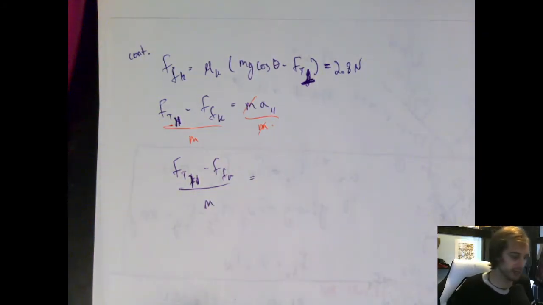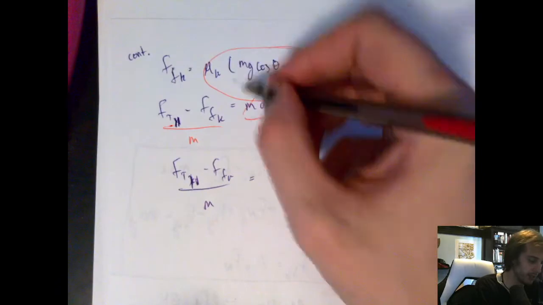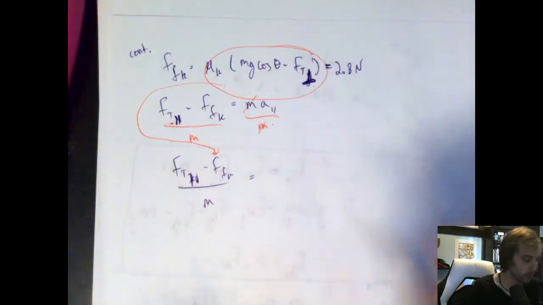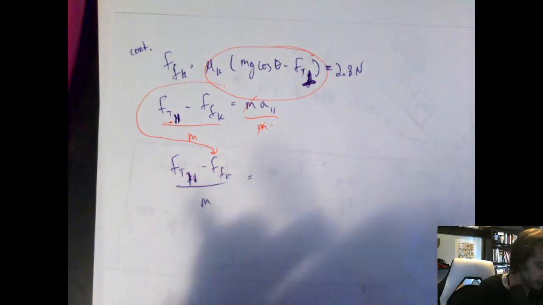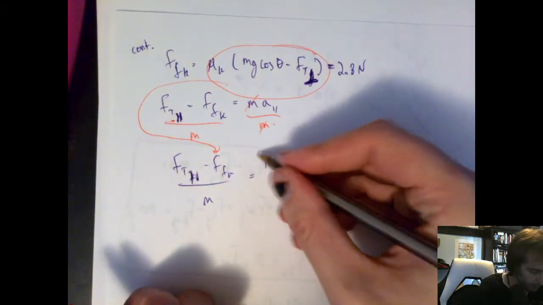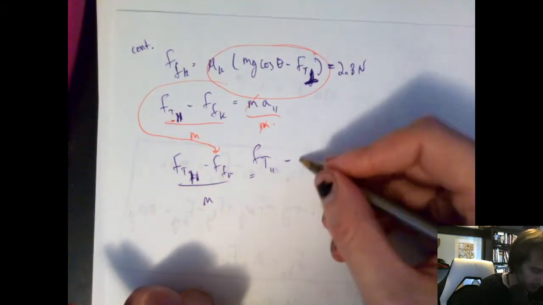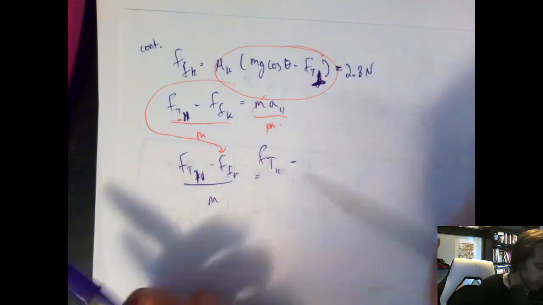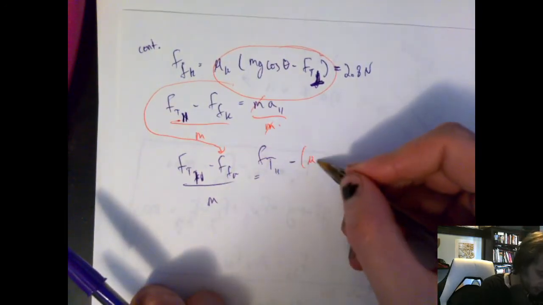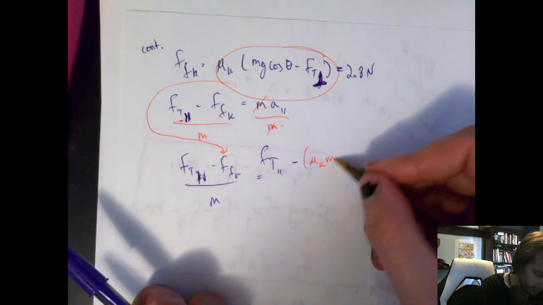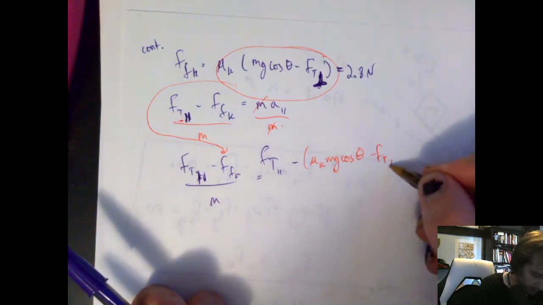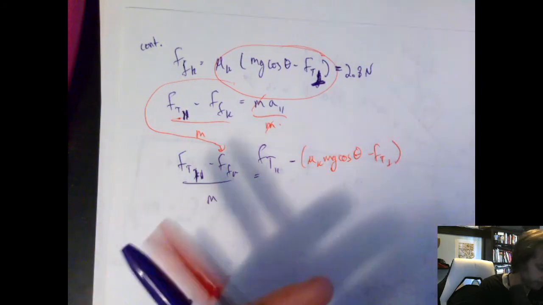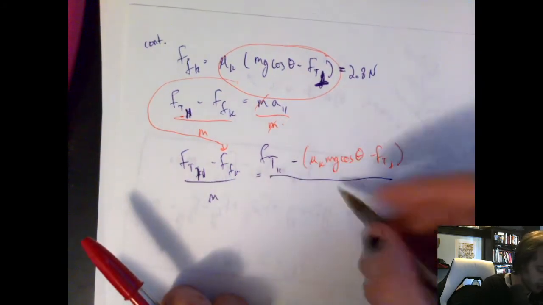But if I take this and plug it in, what we'll get is the old equation that we had before with ft parallel minus this stuff in parentheses, mu k mg cosine theta minus ft perpendicular, all of which is divided by the mass.